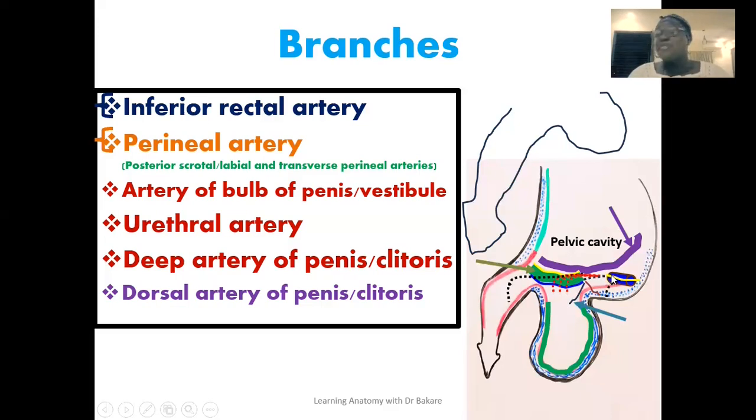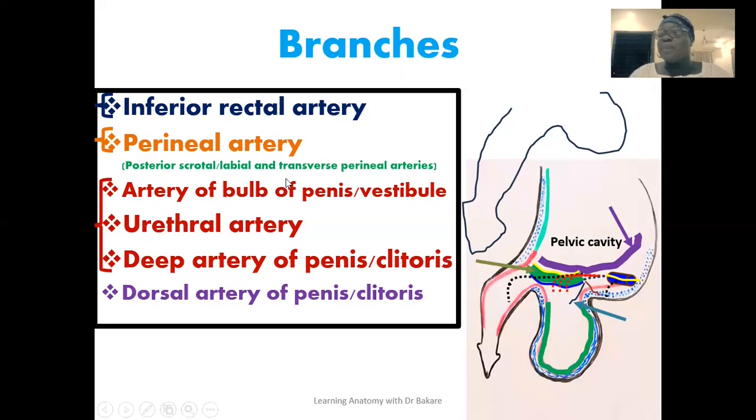After it emerges from the internal pudendal artery, it is directed into the superficial perineal pouch. It is not directed into the deep perineal pouch like the other branches. It just pierces the posterior region of the perineal membrane to access the superficial perineal pouch.